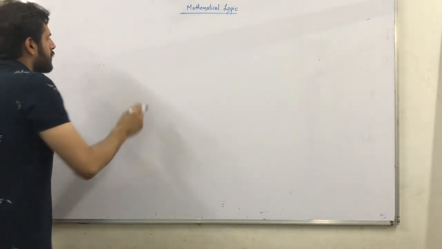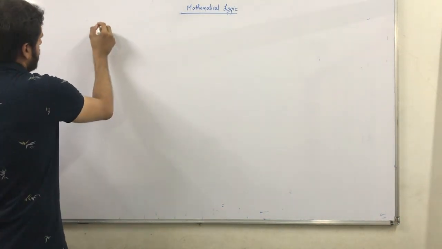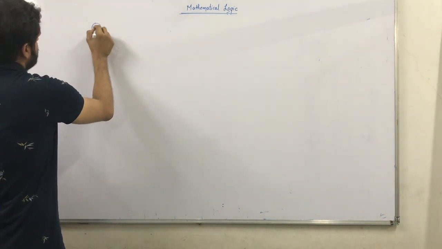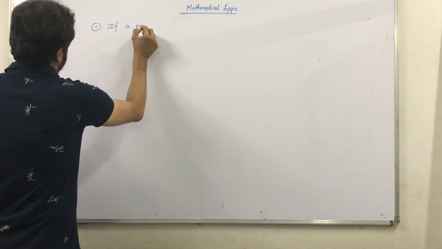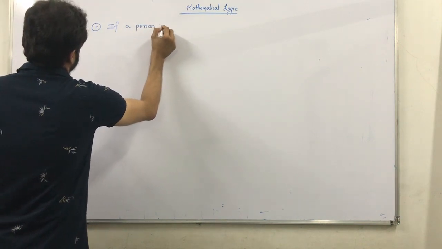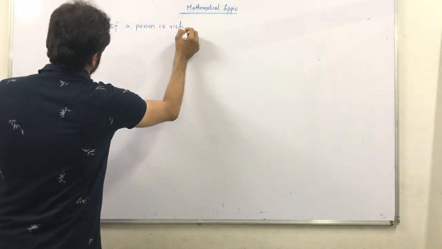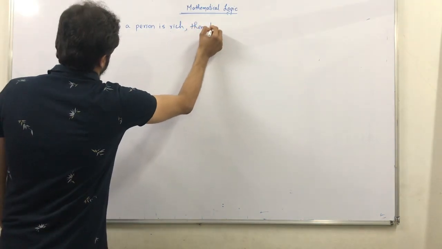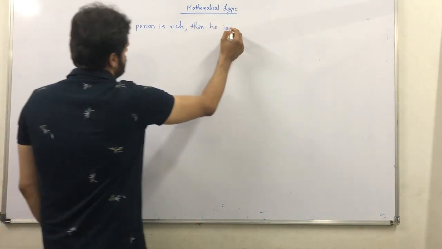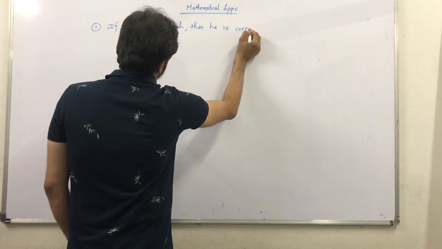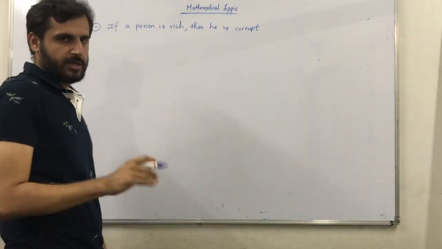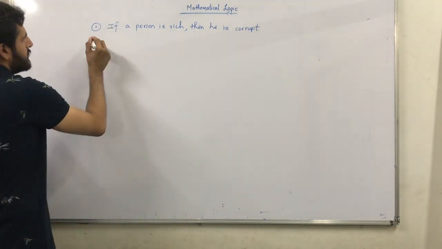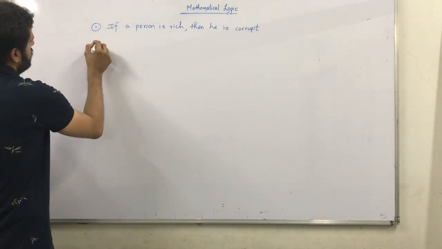Now, next I'll give you a few statements. If a person is rich, then he is corrupt. So the statement is, if a person is rich, then he is corrupt. It's an implication.